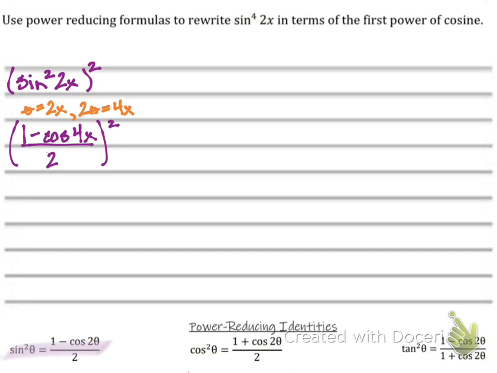Okay, so now I've got to square that binomial on the top. You can FOIL it. You could pull it out and make it 1 minus cosine 4x times 1 minus cosine 4x, whatever you want to do.